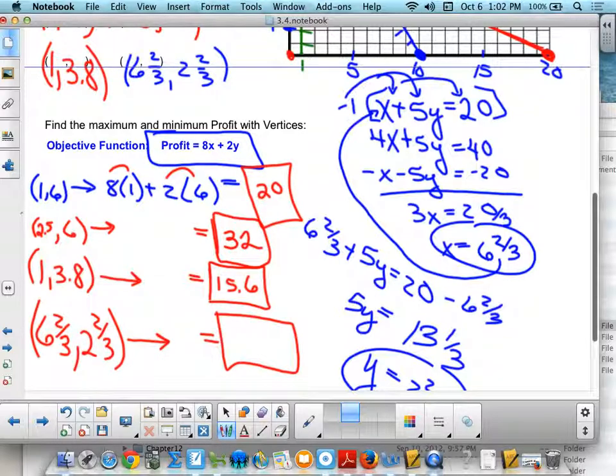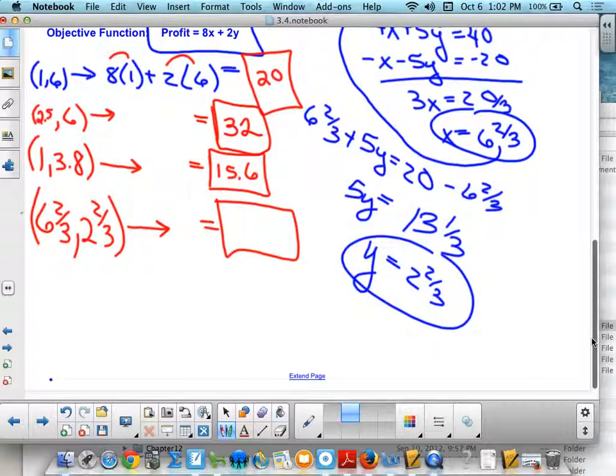Okay. Last one, 6 and 2/3 times 8, and 2 and 2/3 times 2. It is 58 and 2/3.